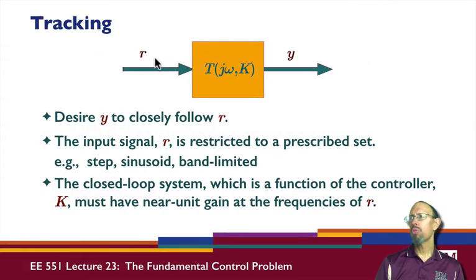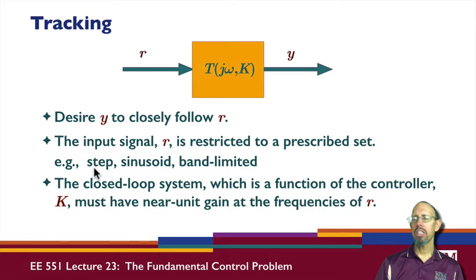Suppose we've closed our loop and we have a transfer function from R to Y. For now, we're ignoring the sensor noise and the disturbance, and we just have the reference input coming in. We desire Y to closely follow R. What do we need of this transfer function in order for that to happen? In general, the input signal R is restricted to a prescribed set.